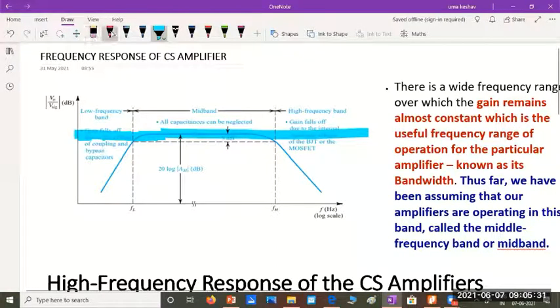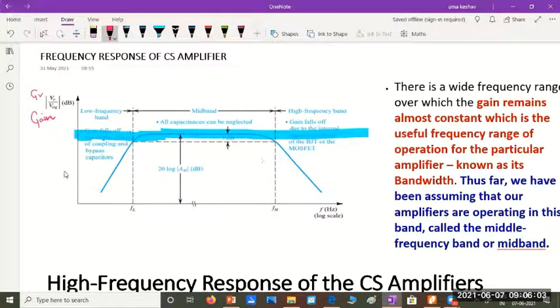But we know that practically it is impossible to have a constant steady gain as per design at all frequencies. So the graph of the gain in decibels, V0 by Vsig, the overall gain GV in decibels, to the frequency in hertz plotted on a logarithmic scale is known as frequency response.